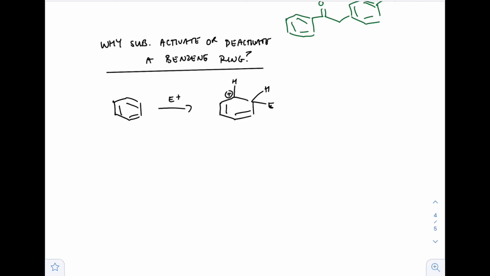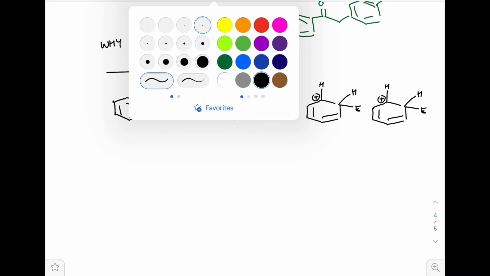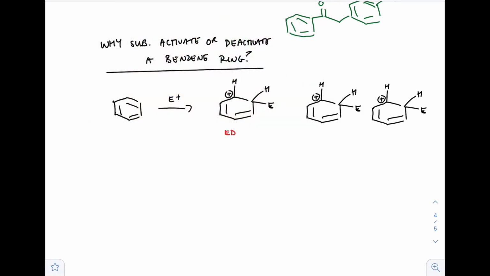Okay, so once we add an electrophile to a benzene ring, we form this carbocation intermediate. Now, this is the focus of this discussion of why a benzene ring is activated or deactivated. Sorry, I'm going to move this over here real quick. There you go. All right, I have three of them. So of course we're going to compare the electron donating group.